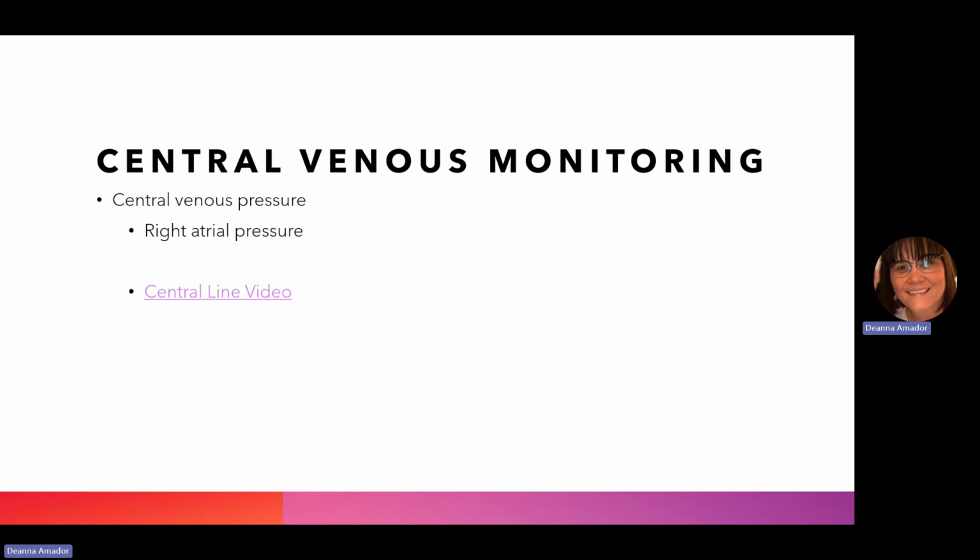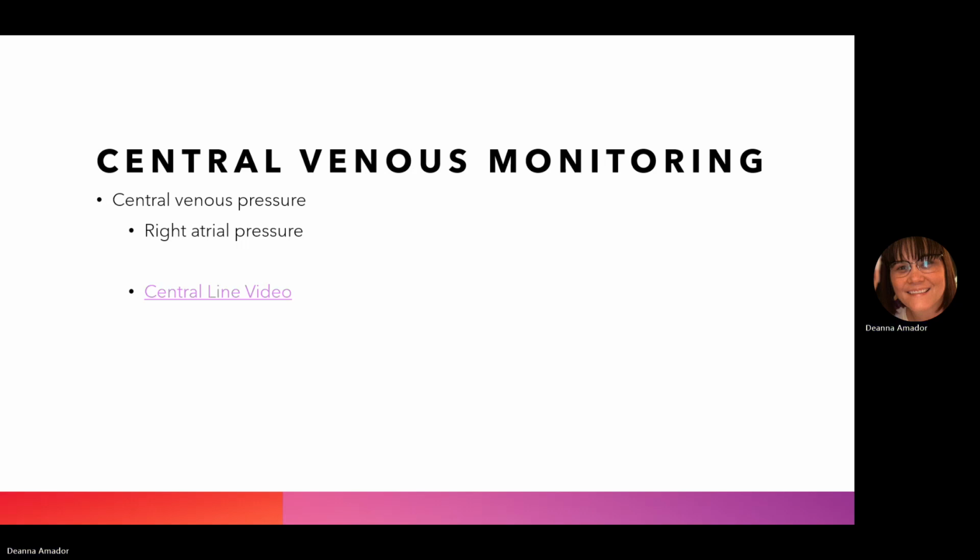So if we do central venous monitoring, this would be called a CVP, or a central venous pressure. This is a right atrial pressure of your heart. It tells me what the pressure in my right atrium is. It's a measurement also of right ventricular filling pressures and blood return from systemic circulation.